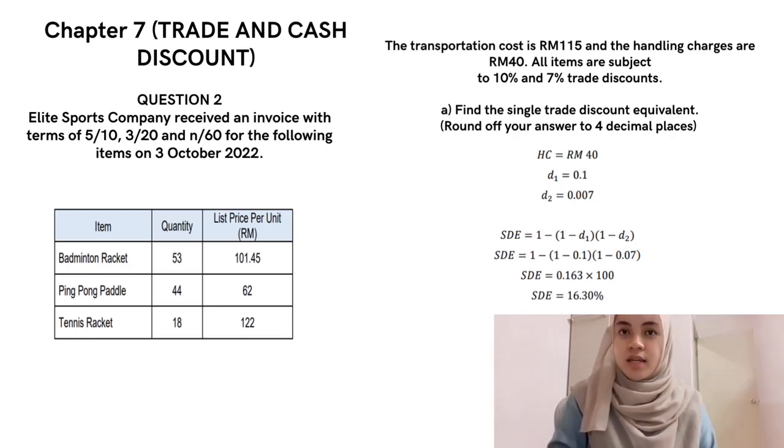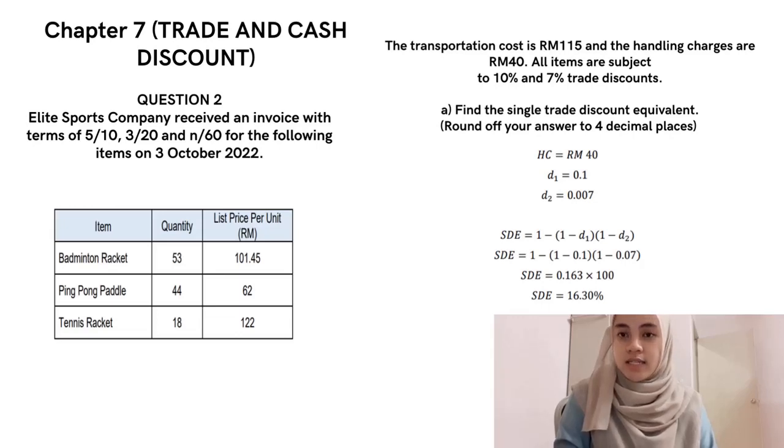Question 2 is, Elite Sports Company received an invoice with terms of 5% discount in 10 days, 3% discount in 20 days, and n/60 for the following items on 3rd October 2022. The tables in the slide show the item, quantity, and list price per unit for badminton racket, ping pong paddle, and tennis racket.